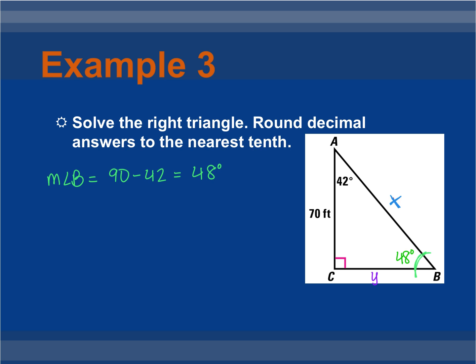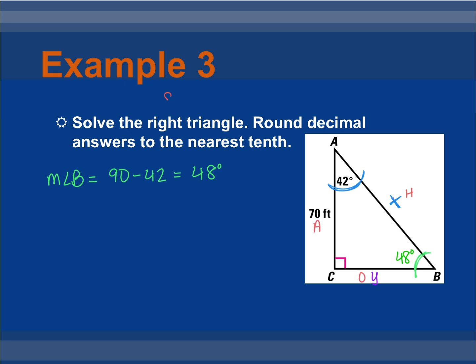And then again, I'm going to go ahead and solve for x and y. And I'm only using this 42. So looking at this 42, what do I have? I have my hypotenuse, I have my opposite side, and I have my adjacent side.